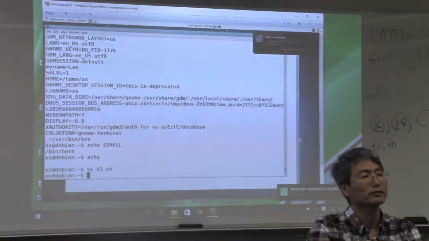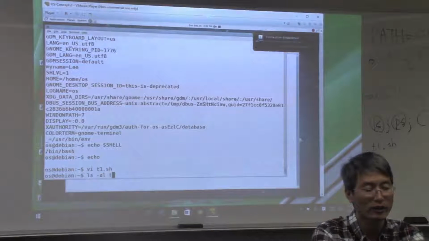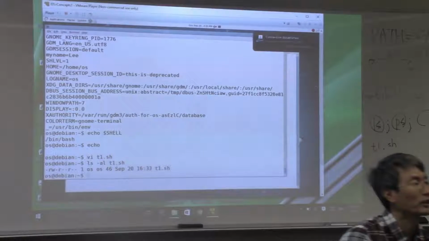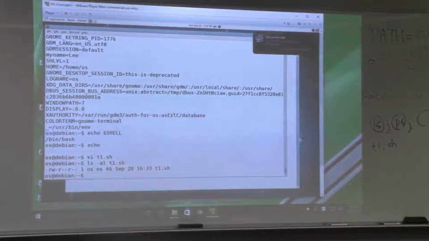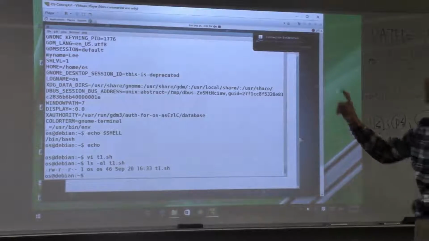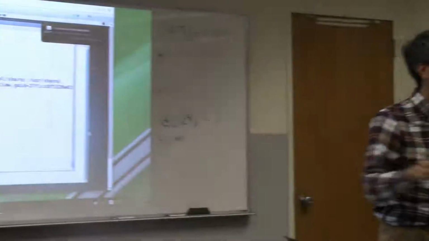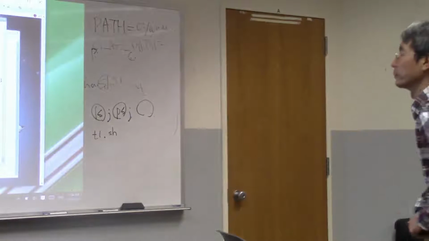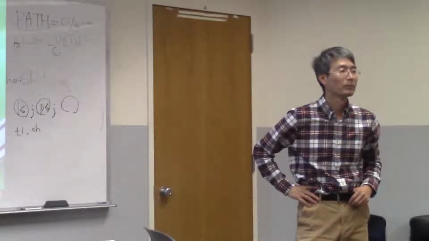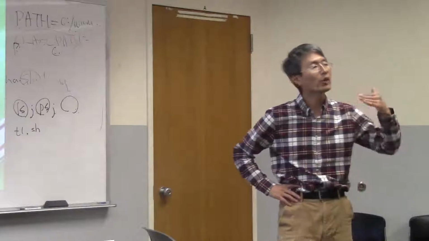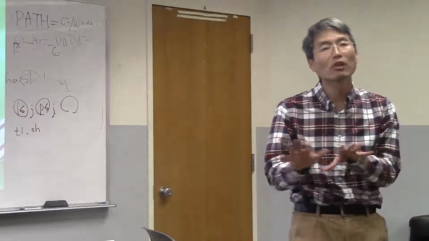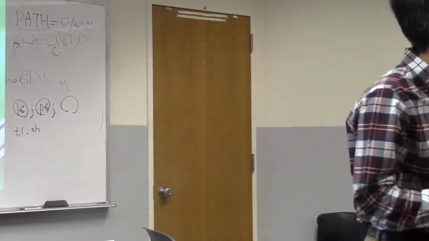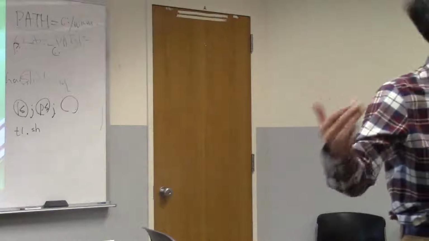Then you can check whether the file is created. Here, it's created. Why don't you do up to this point? I will give you time to code. You can use gedit if you want, but I cannot control the mouse, so I cannot use gedit. You can put the echo command and display whatever you want. Then save it.